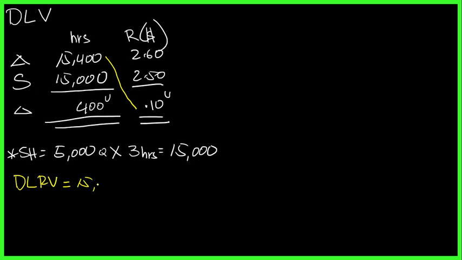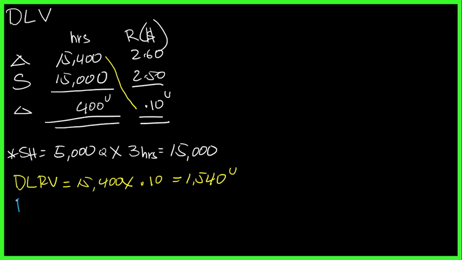Okay, so that will be times 0.1. Okay, sulat natin, times 0.10, you will get 1,540, which is unfavorable.